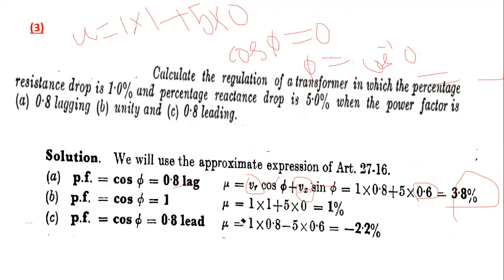This is the voltage drop, or the voltage regulation, mu or V. V is equal to 1 into the resistance drop, which is 1, and the reactance drop is 5. 1 into cos phi, which is 0.8, minus 5 into sin phi, 0.6, since leading means we consider it as minus. These are the voltage regulations at various power factors.